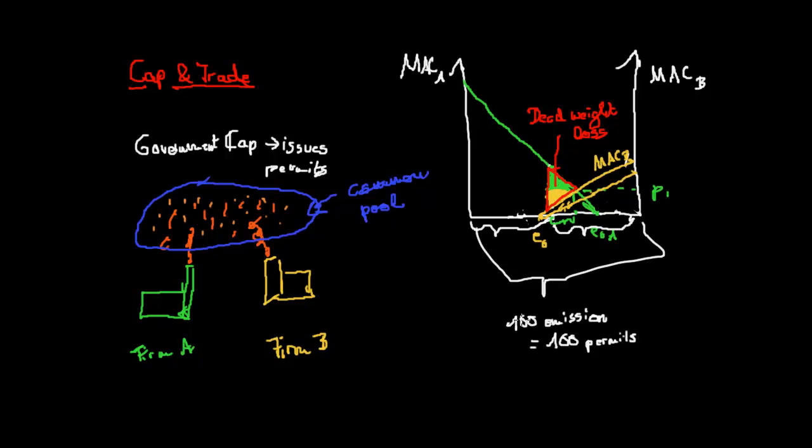That's especially the case if emissions are gonna be, or the number of permits are gonna be scaled down over time. But I'm gonna show that to you in the next video, so stay tuned.